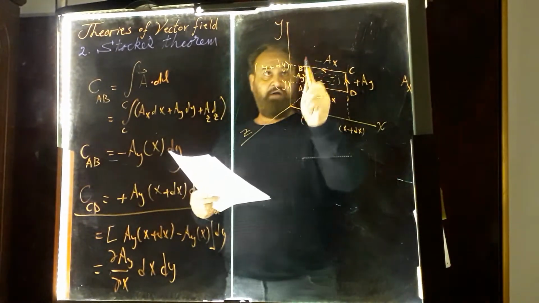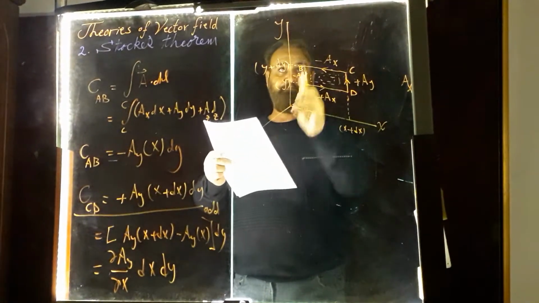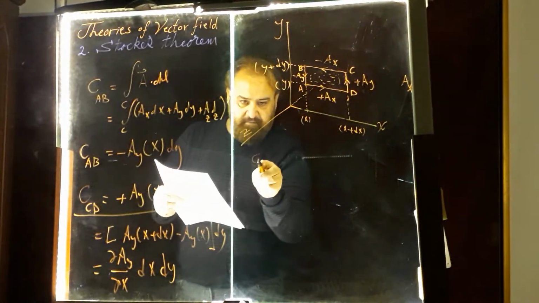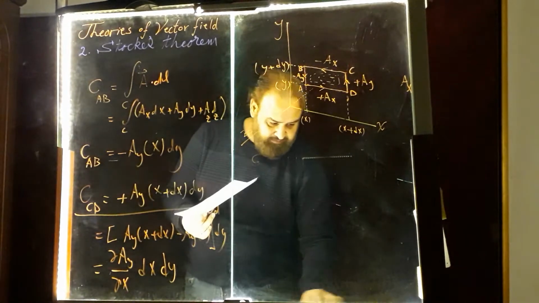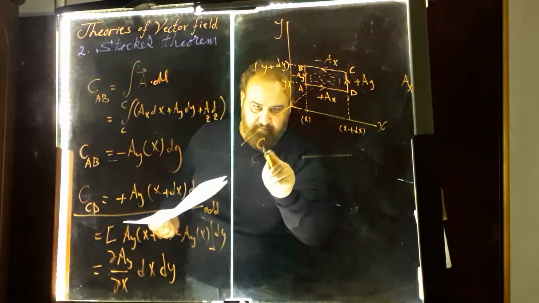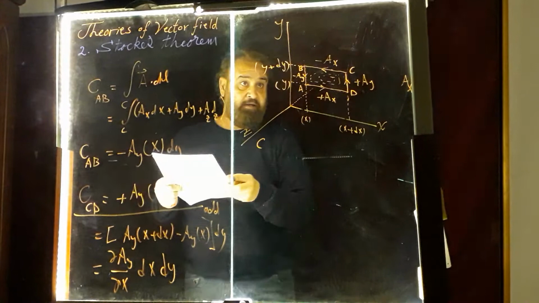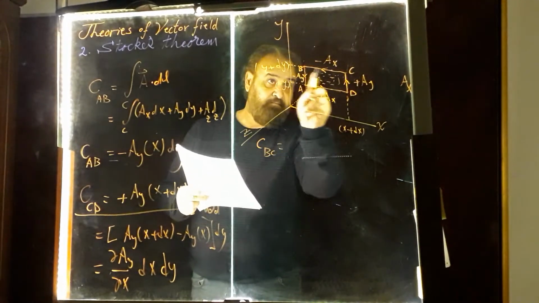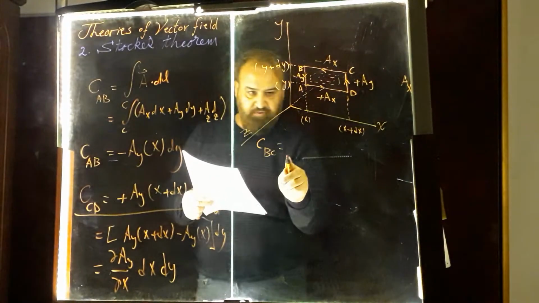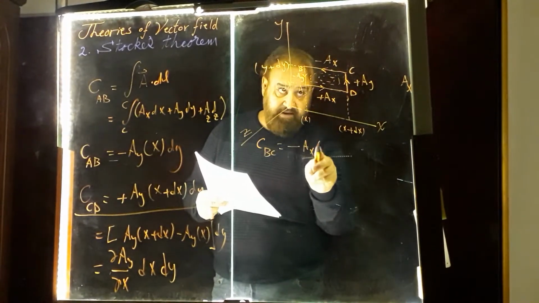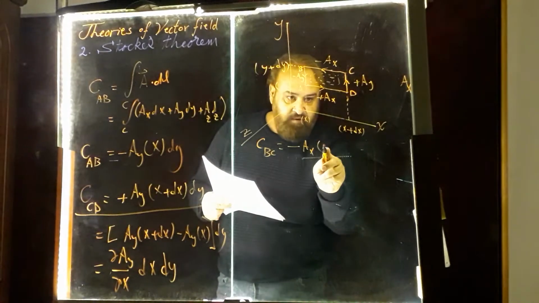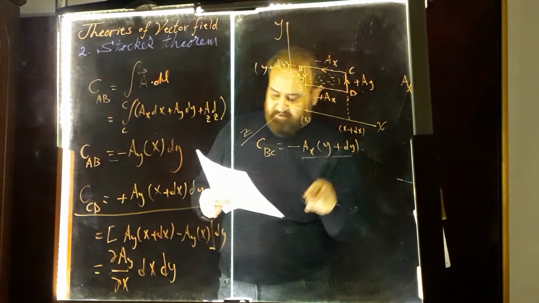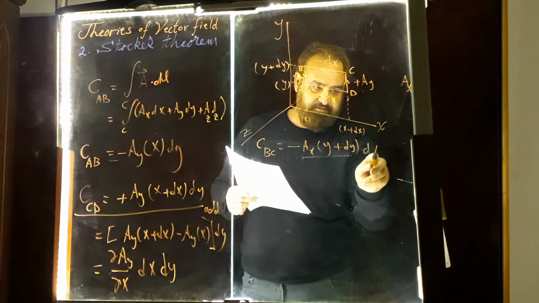Again, I will calculate the line BC, which is equal to minus A sub x of y plus dy, dx.